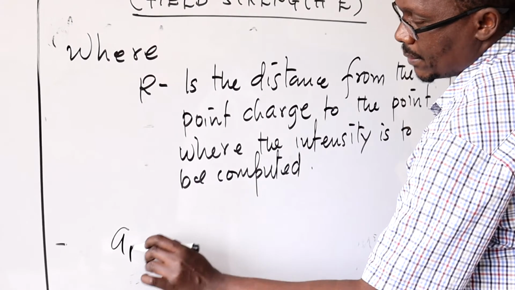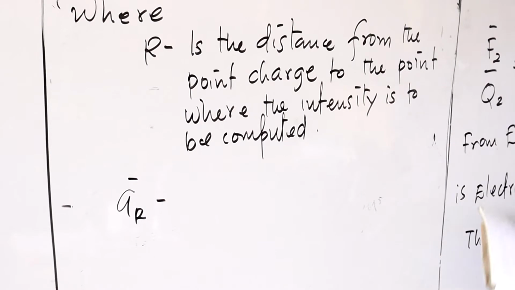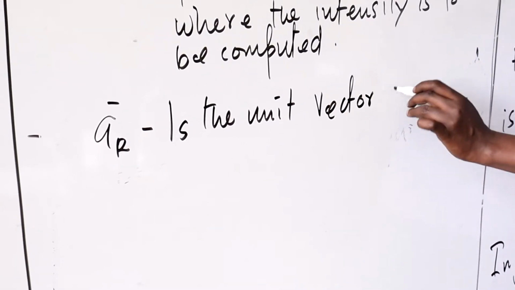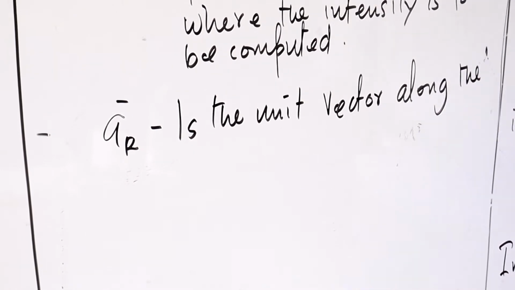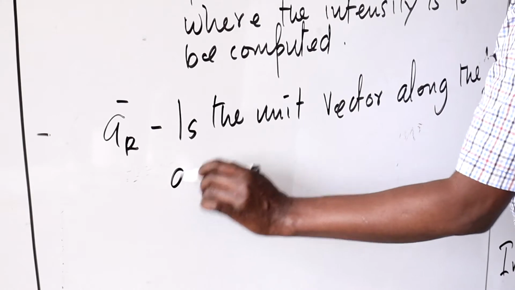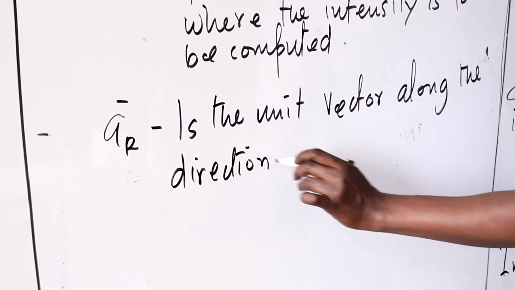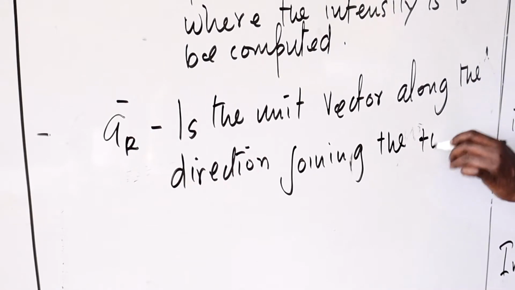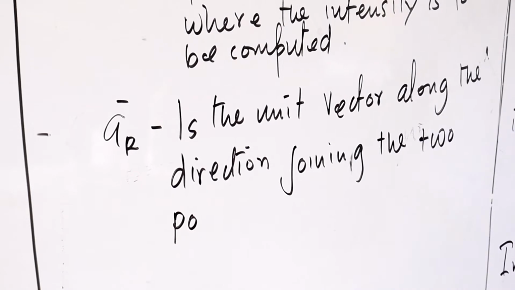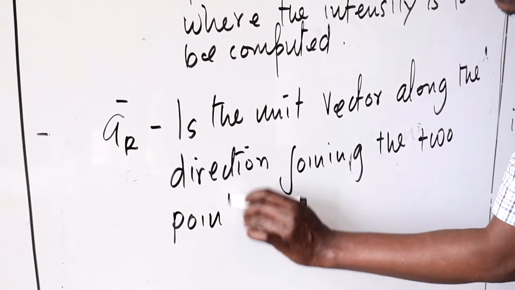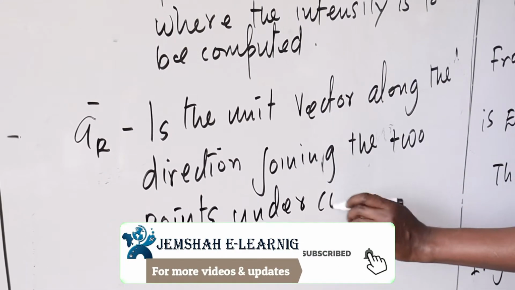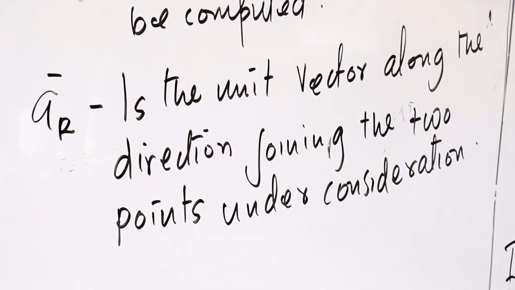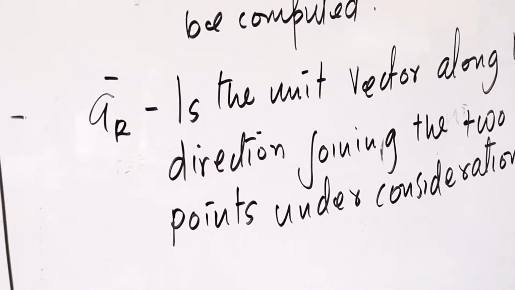And then aR bar is the unit vector along the direction joining the two points under consideration. Now that is how we have that.